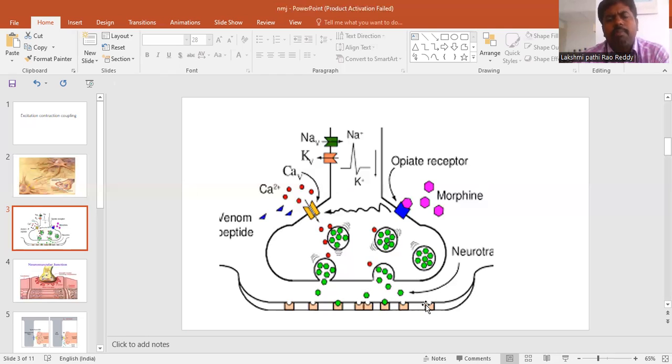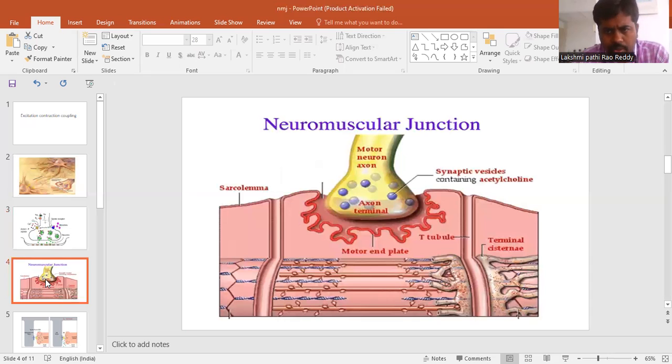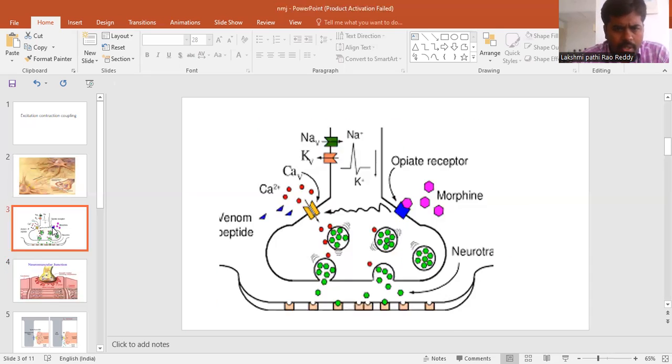So when it binds to the postsynaptic membrane, what happens? Again, the postsynaptic membrane permeability will change, and there will be a rapid entry of sodium ions.